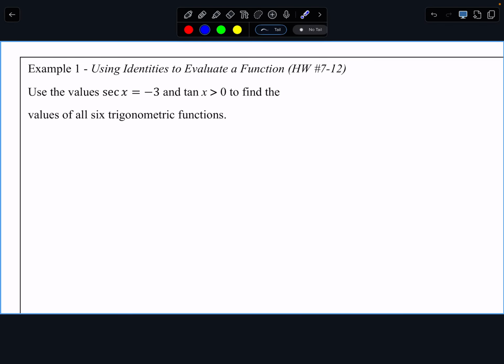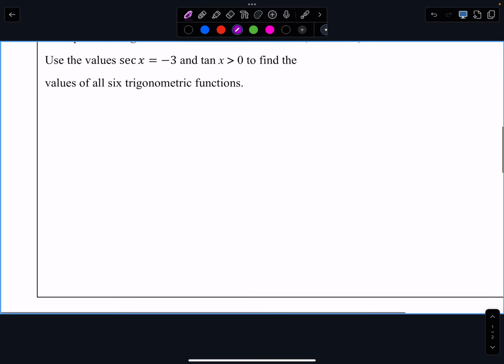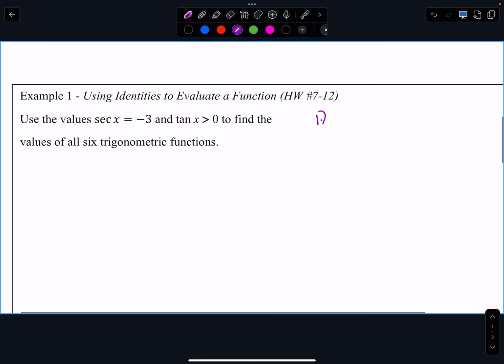Using identities to evaluate a function. This actually goes back to some processes that you've had before. One of the first things is figuring out what quadrant we are in. Because they want you to evaluate all 6 trig functions, and when I know what quadrant I'm in, then I know the signs.